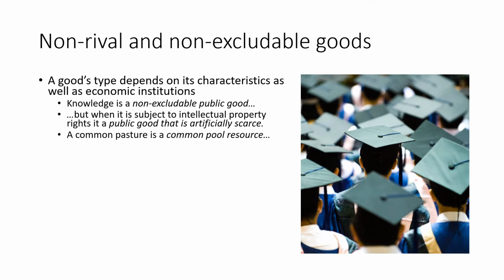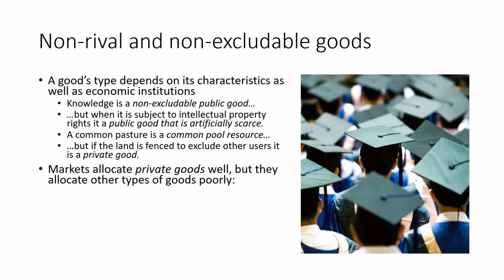But what if a fence is put around this pasture? This now becomes a private good. So institutions help in determining the type of good. So a good that is originally a common pool resource can be turned into a private good based on economic institutions. Markets allocate private goods well, but they allocate other types of goods poorly.